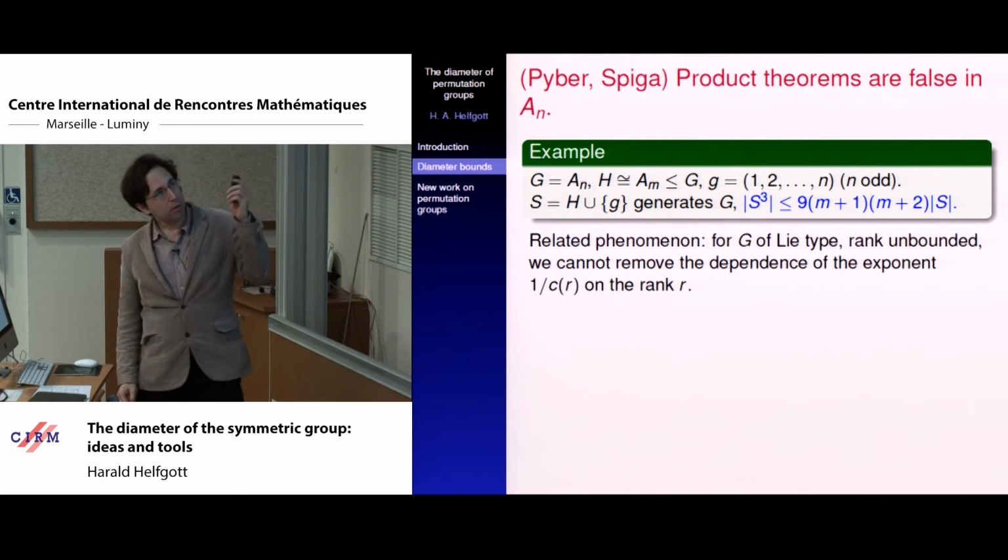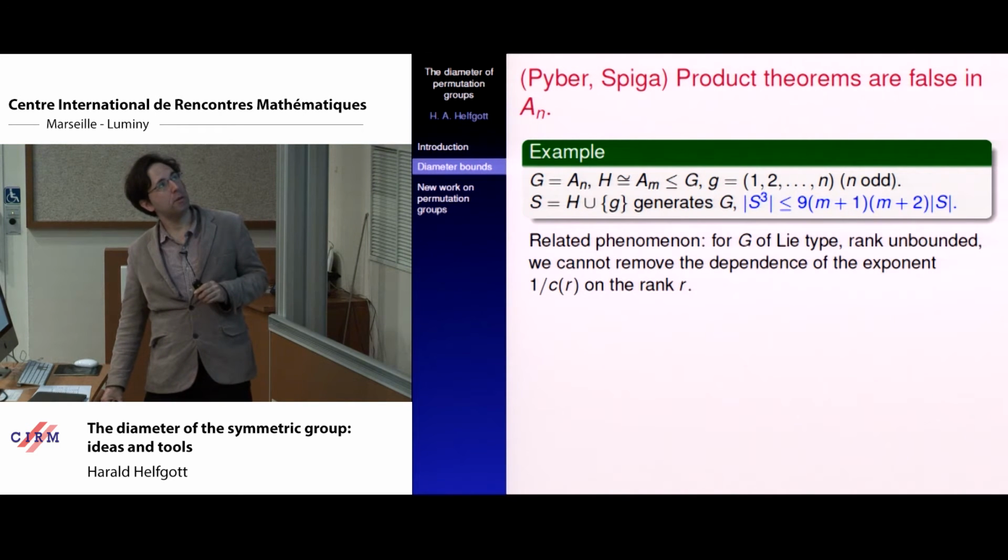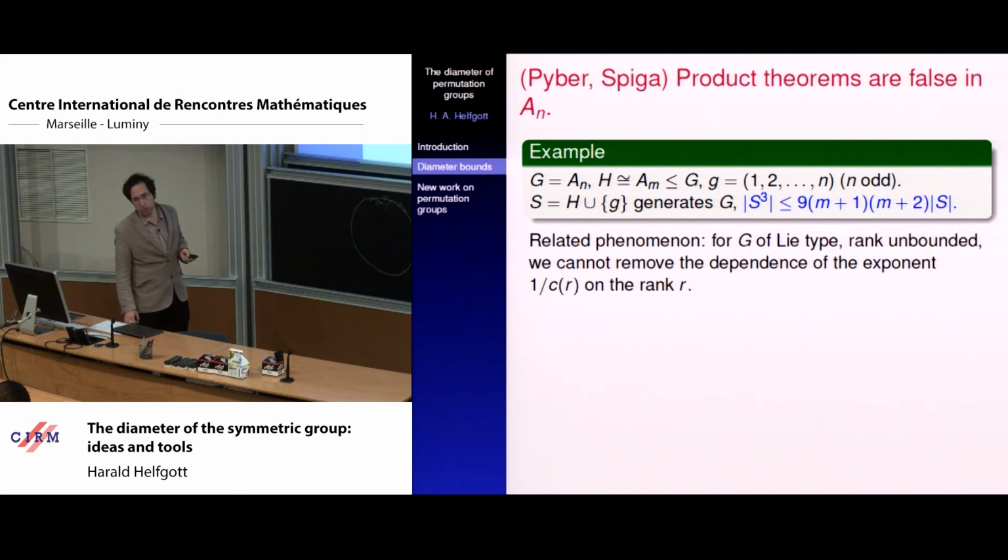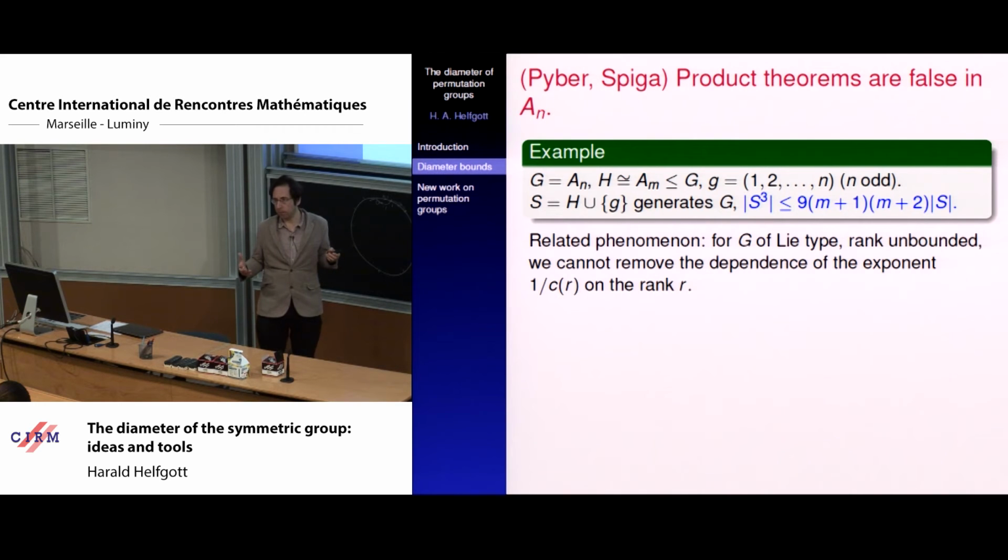You can give examples, these are due to Pyber and Spiga, in the alternating group, where A generates G, but you have A cubed barely bigger than A. It's bigger by just a constant factor. And you can give closely related examples to that in groups of n by n matrices.